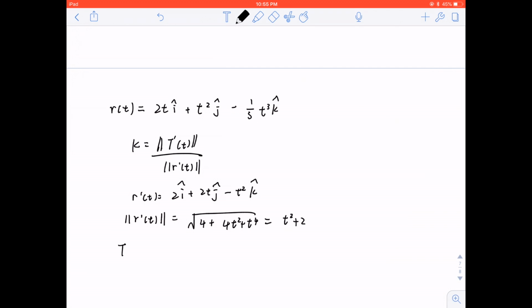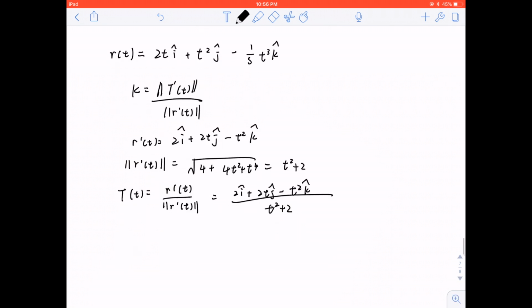And capital T is just the derivative of r sub t over its magnitude, and that is 2i plus 2t j minus t squared k divided by t squared plus 2.